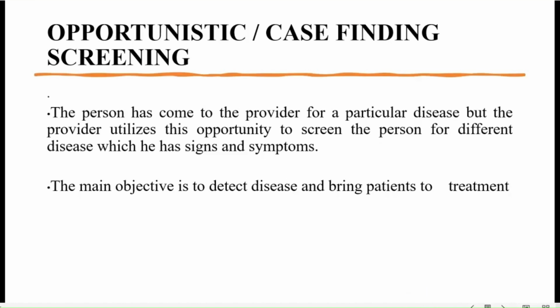So the main objective is to detect disease and bring the patient to treatment. For example, any patient comes with complaints of stomach ache or headache, and seeing the age, like he is 40 plus, we can screen him for diabetes, or we can screen him for high blood pressure. So we are utilizing the opportunity that the patient is coming to the hospital.